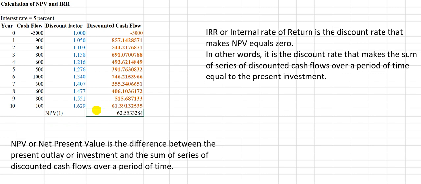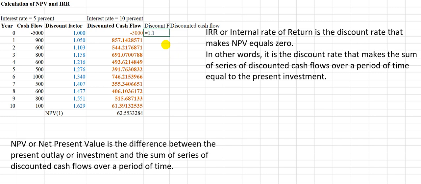This is the first NPV, and let's take the discount factor in such a way that we have NPV negative. So now we'll take interest rate equal to 10%, and we will carry out the discount factor and discounted cash flow.